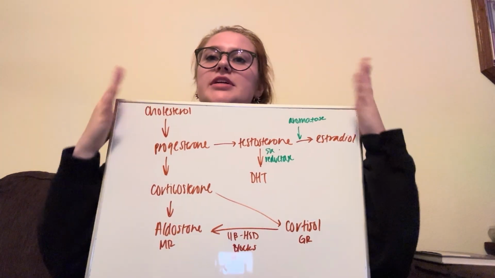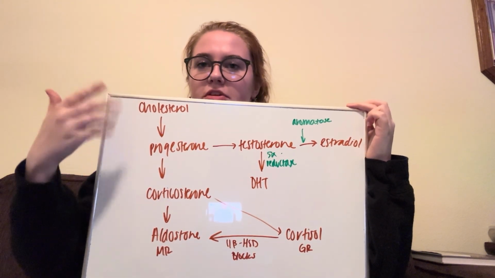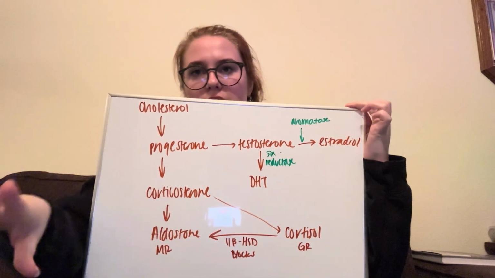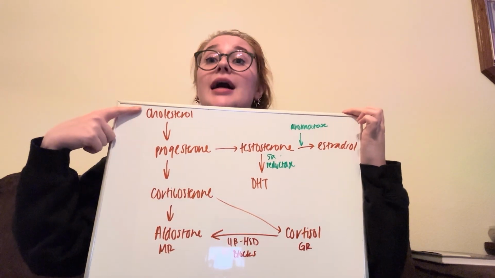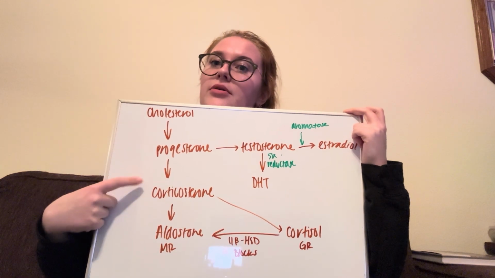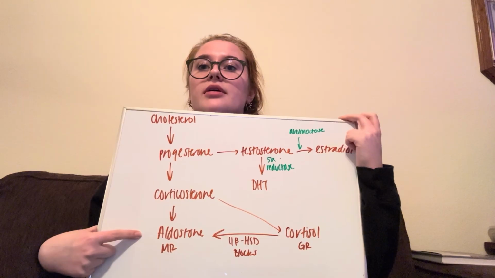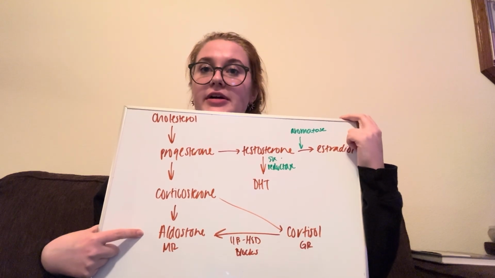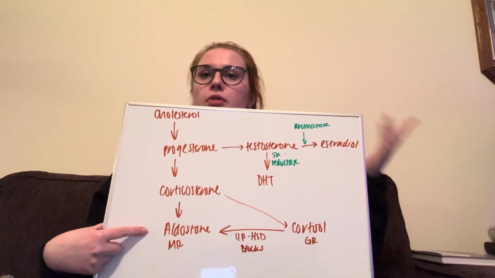So this is kind of what we're rocking with. There are other steps to get from cholesterol to progesterone. I don't need to know them for this right now. Cholesterol to progesterone. Progesterone can go to corticosterone. Corticosterone can go to aldosterone, which is very important for kidneys and blood pressure.